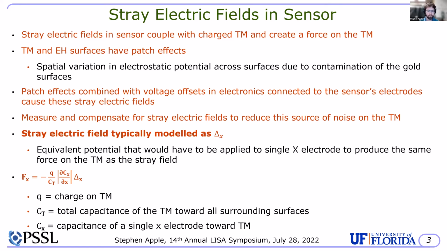These stray electric fields are typically modeled as this delta X term here. This term is basically the equivalent potential that you would have to apply to a single X electrode to produce the same force on the test mass as the stray electric field.